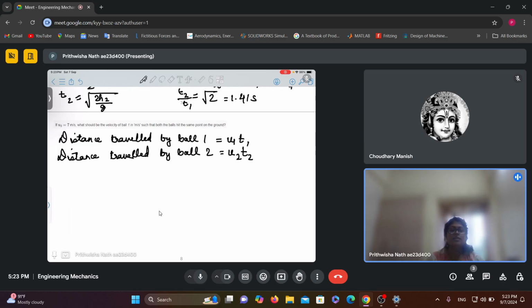Now what is the condition? Both the distance should be same. So I can write this as u1 t1 equal to u2 t2. So I need to find u1 from this condition, right? We know u2, we know already the ratio of t2 by t1. So we just need to substitute.